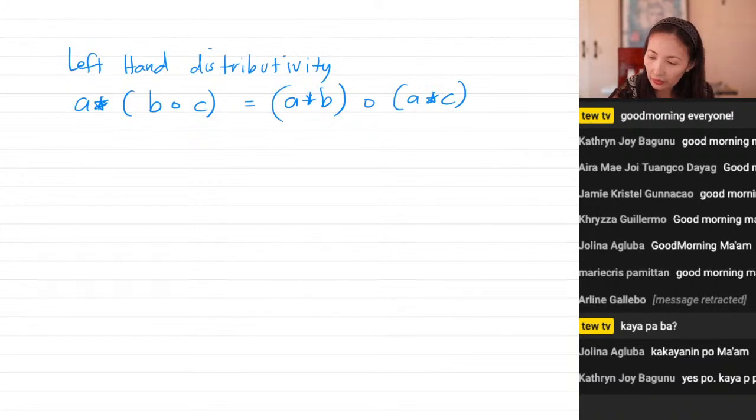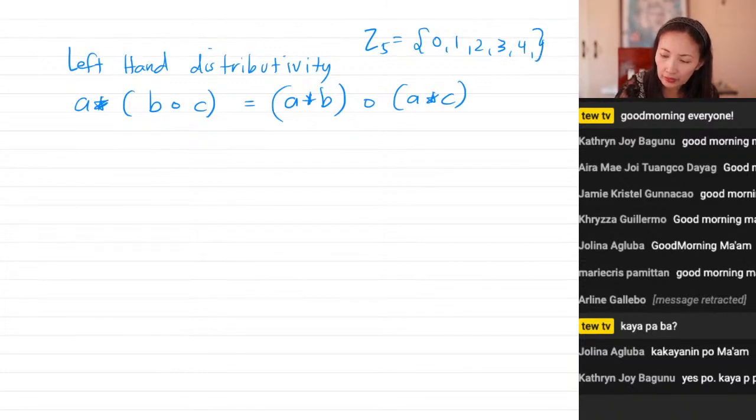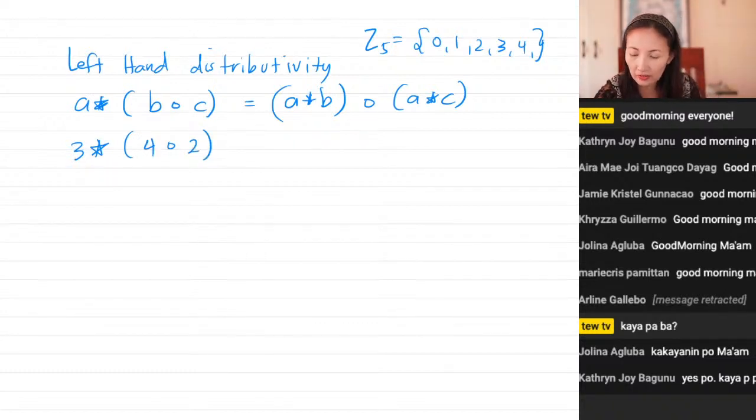If we have Z sub 5, whose elements are 0 to 4. If we have 3 star the quantity 4 circle 2, in terms of the operations defined on Z sub 5, we have addition modulo 5 and multiplication modulo 5.